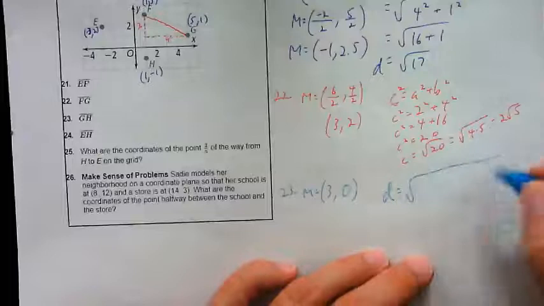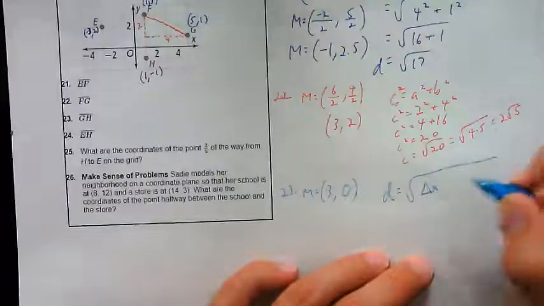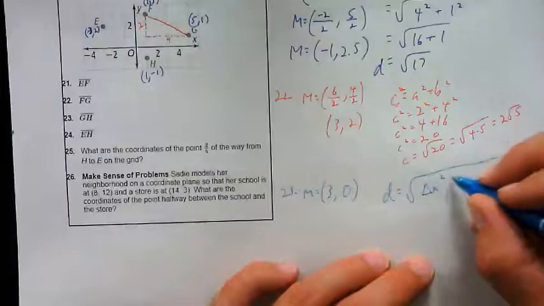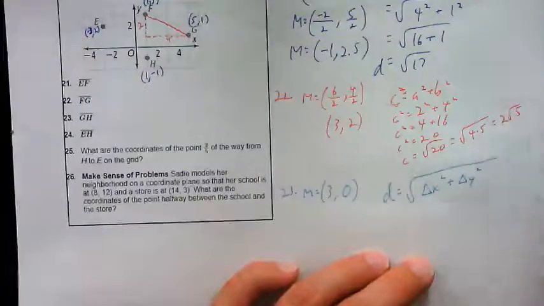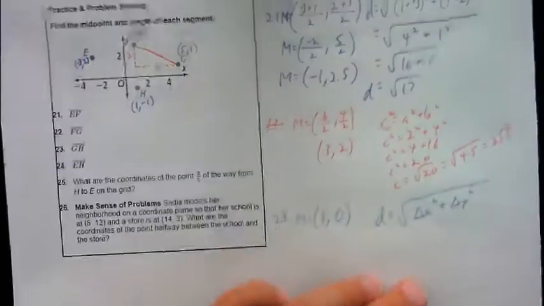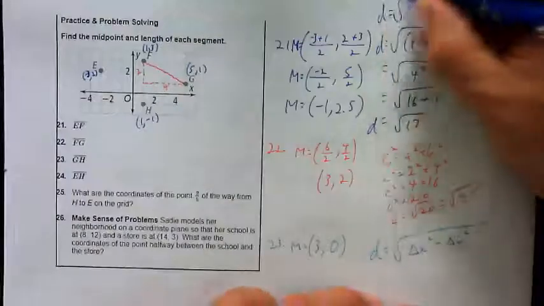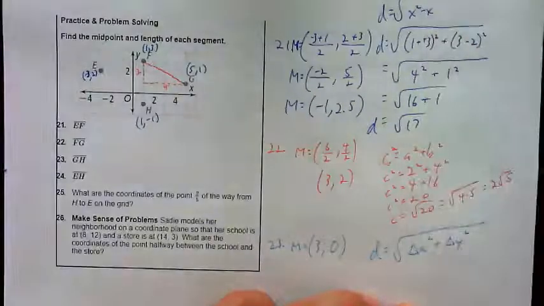So let's say distance equals, and then I'm just doing the change. Technically what I'm doing is change in x squared plus change in y squared. It's the same thing. Here, maybe I should also give you the distance formula up here at the top. Distance formula is actually x2 minus x1. Oops, I didn't mean to put that up there.